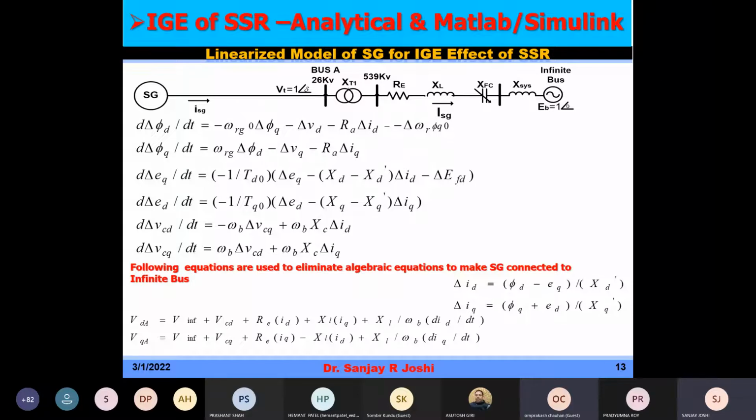If we use any time invariant transformation, then we are not in a position to get a time invariant model. But because of the application of a time variant transformation, like Park's transformation, we get this time invariant model. And the small signal analysis or the linearized analysis is done using the time invariant model only.